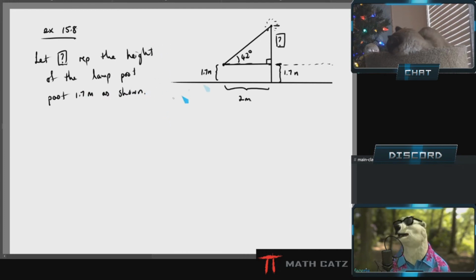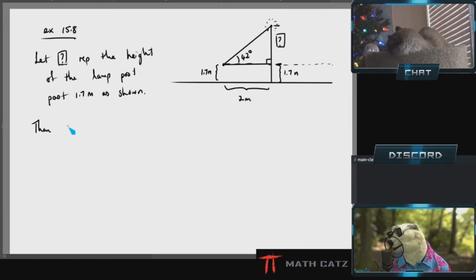I want to make sure that my sentence here is as clear as I can make it. I can't say it's the height of the lamppost because in my triangle it's only the side length that's used. And that side length might not match exactly what the question wants, as in this case, because the triangle is sort of raised up.